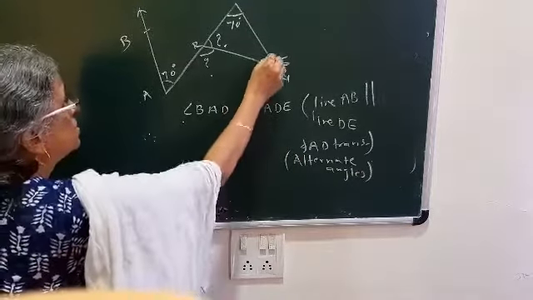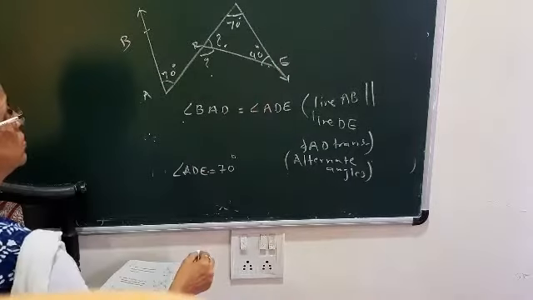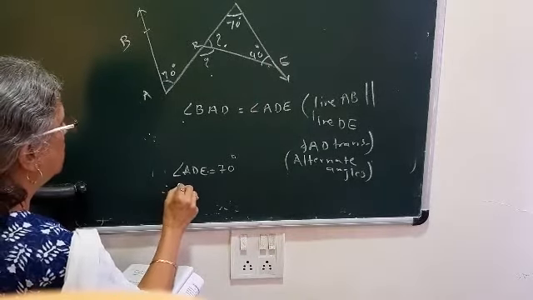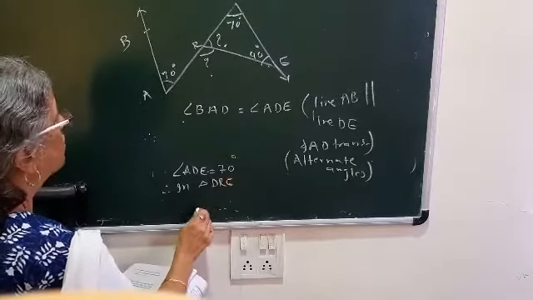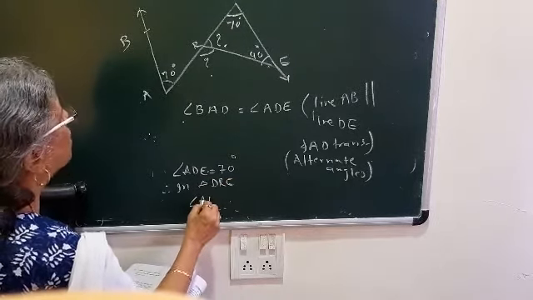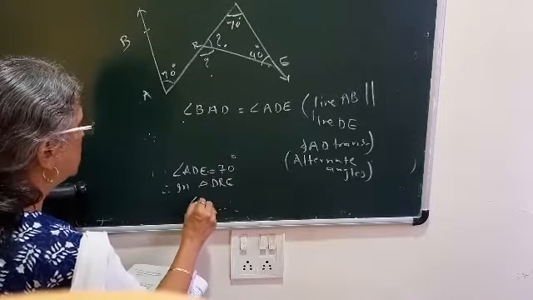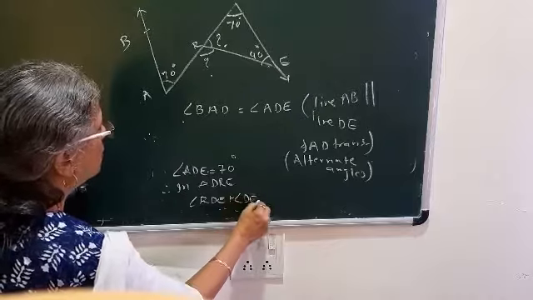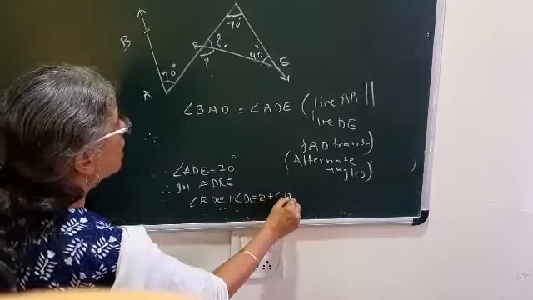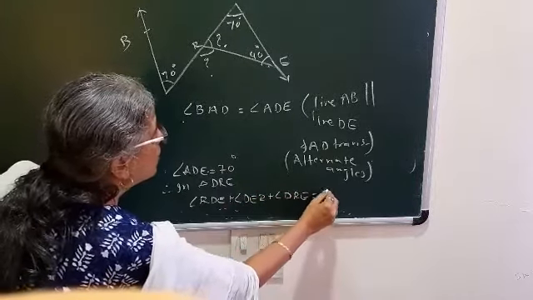Alright. Now this is given 40 degrees. Therefore in triangle DRE, angle ADE, that is angle RDE, plus angle DER plus angle DRE is 180.